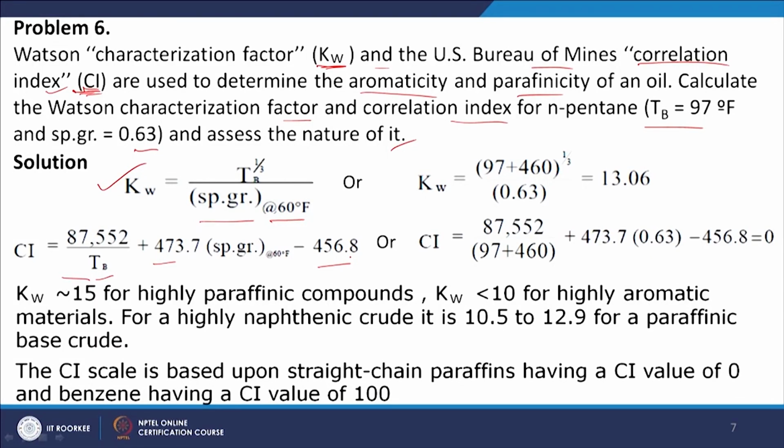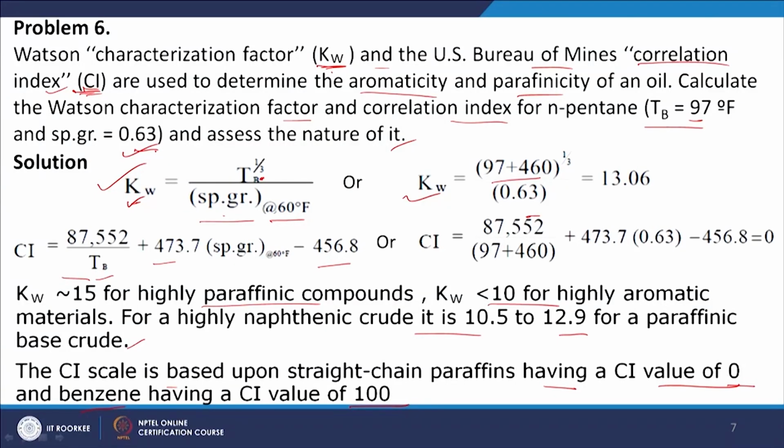If it is a straight chain paraffin, then the CI value will be 0, and if it is benzene, then it will have a CI value of 100. So, this is the literature available. Our objective will be to determine the Kw and CI values first and compare these values with the literature values.